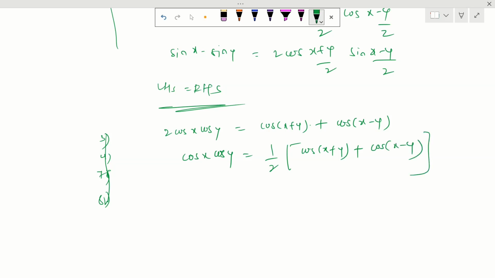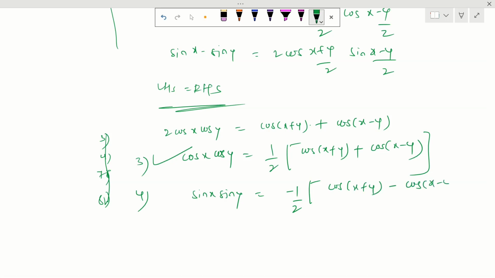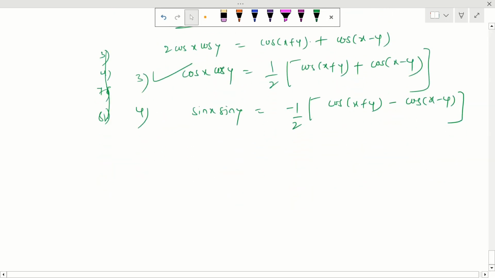This is also one formula. And from the fourth equation, when we subtract these two, we get sin x sin y equals minus 1 by 2 of cos of x plus y minus cos of x minus y. This is another formula.